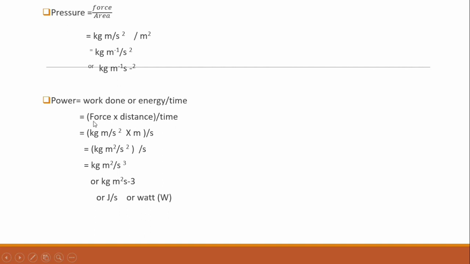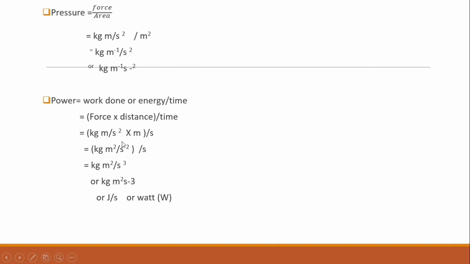Force is kg meter per second square times distance, which is in meter. If you now divide by second, you have kg meter square per second square divided by second.